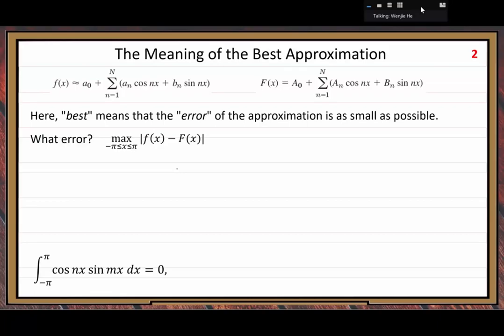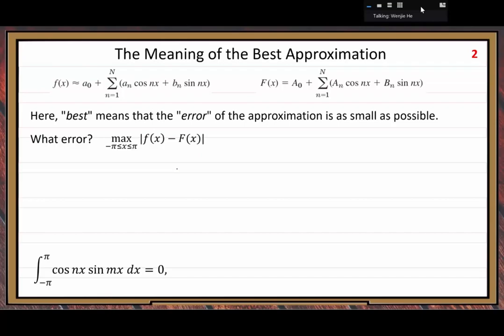So all those functions, we put them together, and it forms a linear space. Now in that linear space, we want to pick one function that has the best approximation.